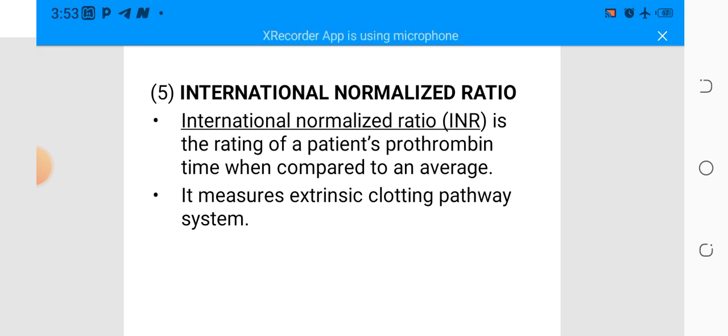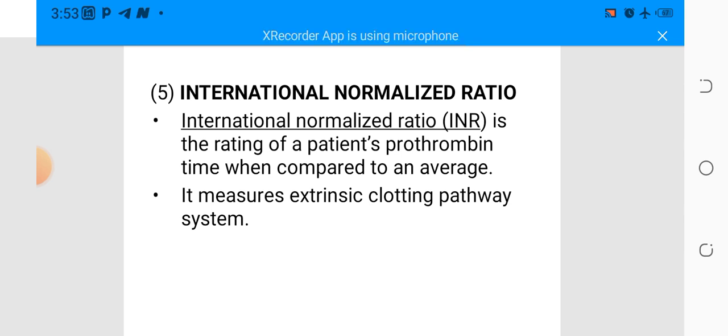Then we have the international normalized ratio. This is the rating of a patient's prothrombin time when compared to an average. We know prothrombin time is the time taken by blood to clot after adding tissue thromboplastin.